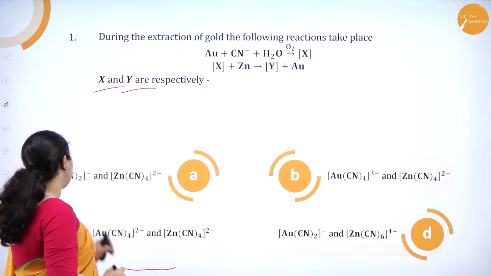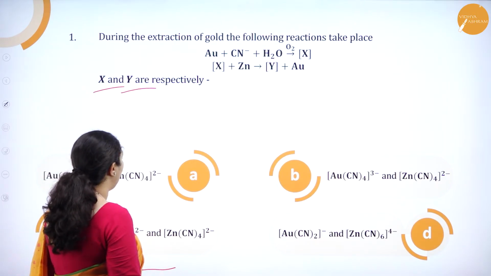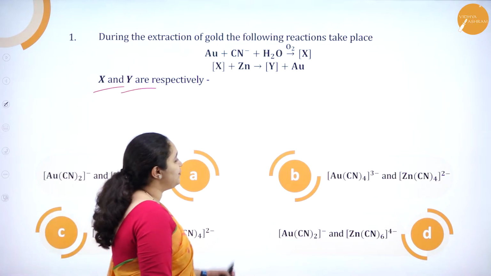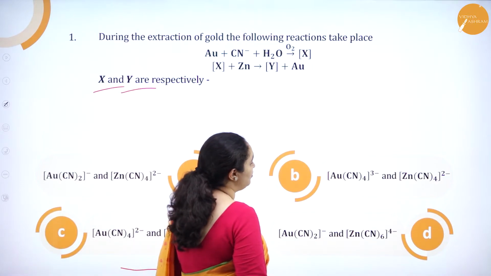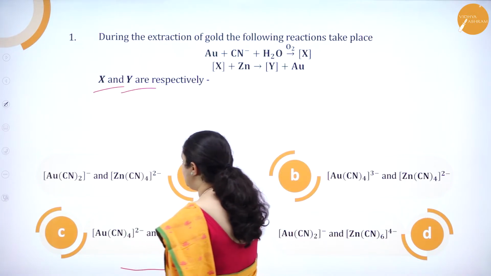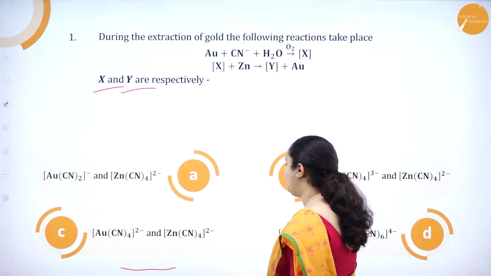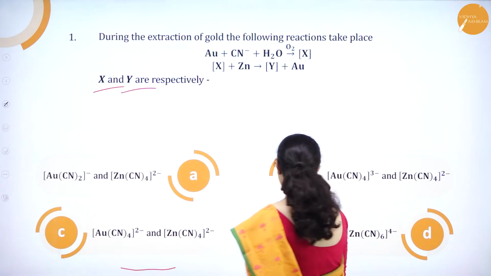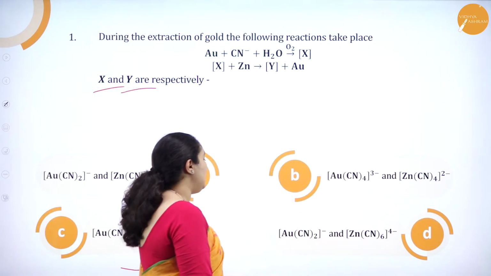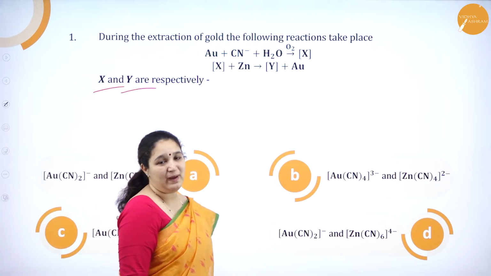Option A, AuCN2 minus, ZnCN4 2 minus. Option B, AuCN4 3 minus and ZnCN4 2 minus. Option C, AuCN4 2 minus and ZnCN4 2 minus. And option D, AuCN2 minus and ZnCN6 4 minus.